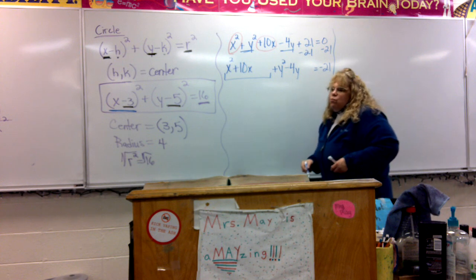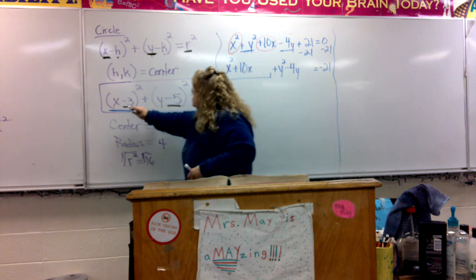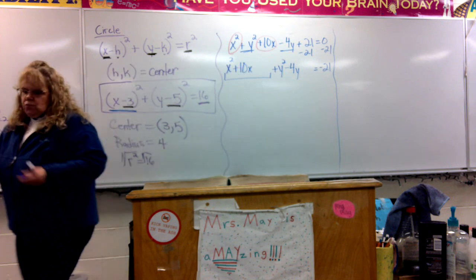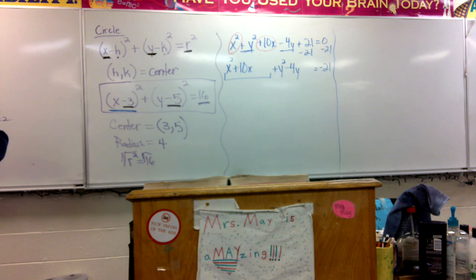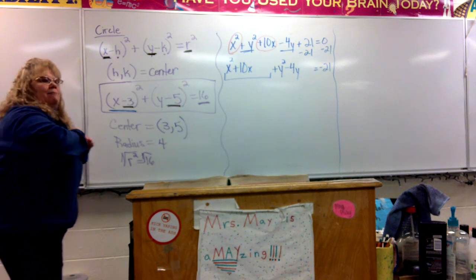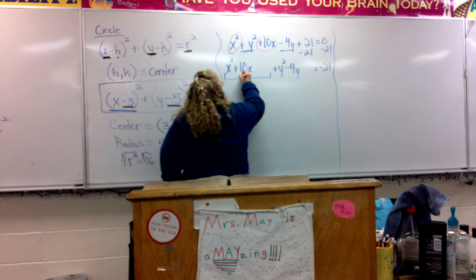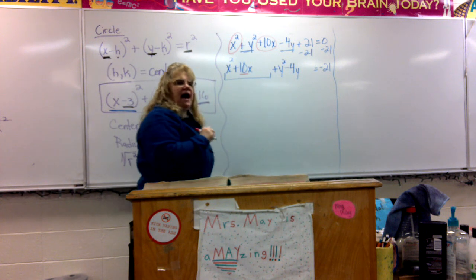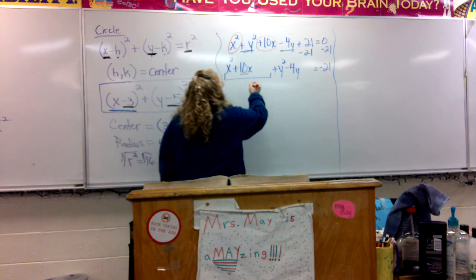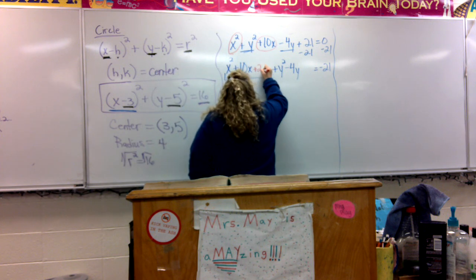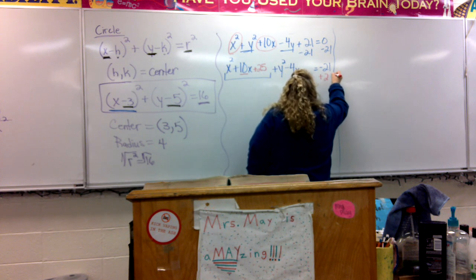And so what we're going to do, we have to get this stuff right here to look like x minus 3 squared. And the way we do that, complete the square. Do you remember completing the square? What's half of 10? 5. 5 squared? 25. So you're going to add 25 to both sides.